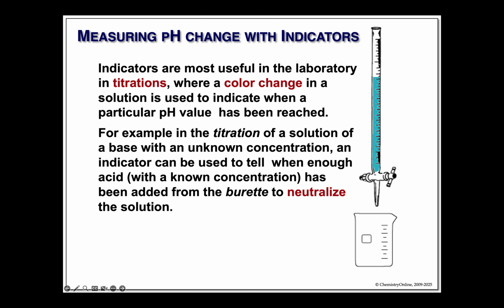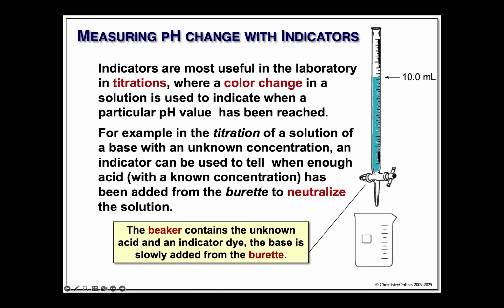In the titration, you will put in a solution where you know the concentration here. So let's pretend this is an alkaline solution, and we know its molar concentration. In our beaker, we have an acid that we don't know its concentration. We know its volume, but not the concentration. We add some indicator.